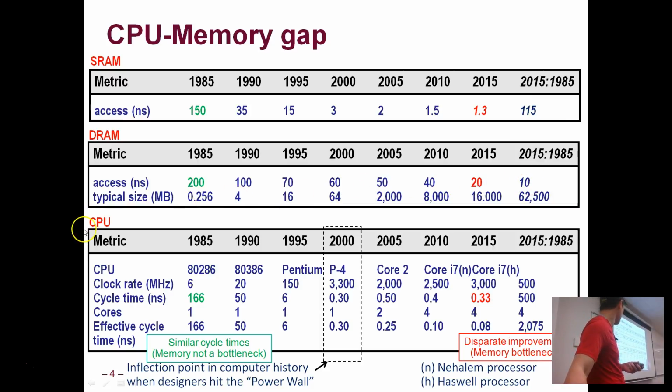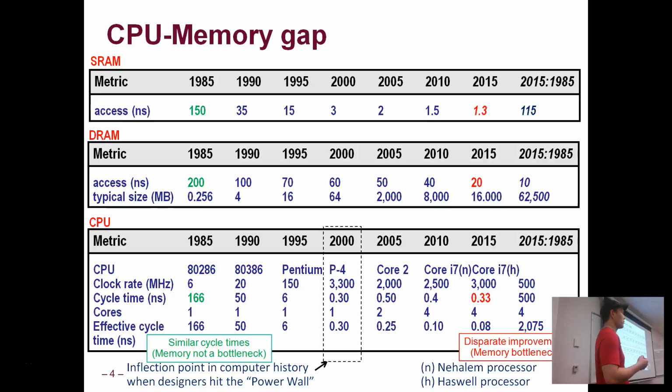When you get to the CPU, it goes from a cycle time of 166 nanoseconds all the way down now to 0.33. So this improvement is a 500 times improvement. So this is the disparity now between the speed of the CPU and the speed of the memory subsystem.